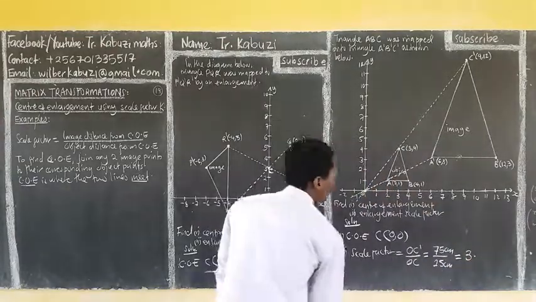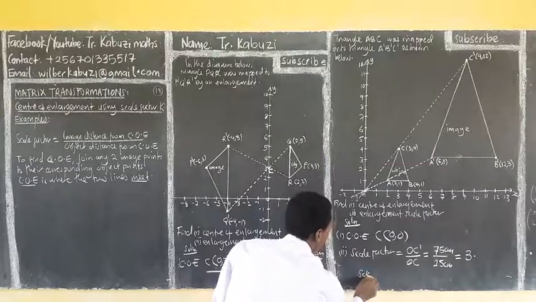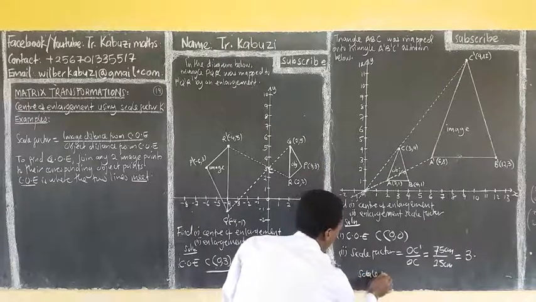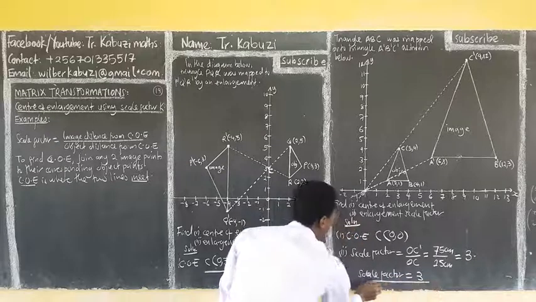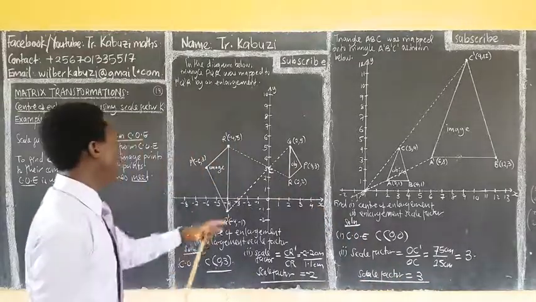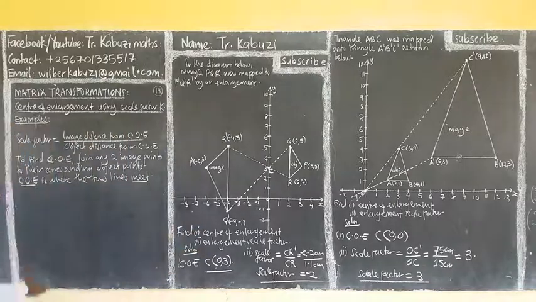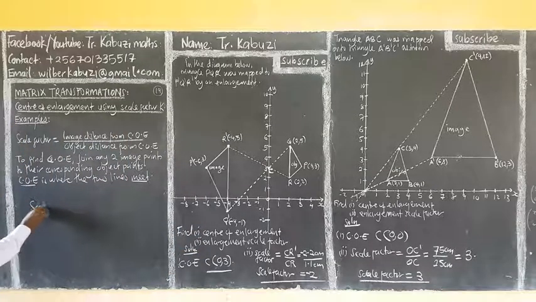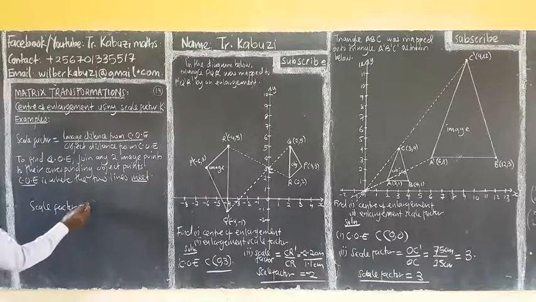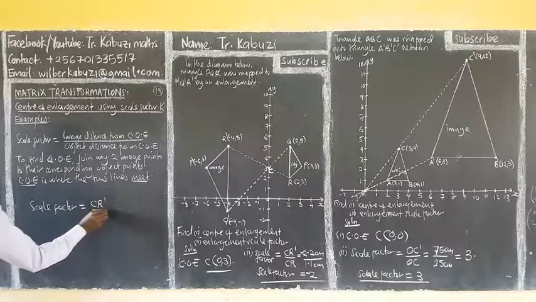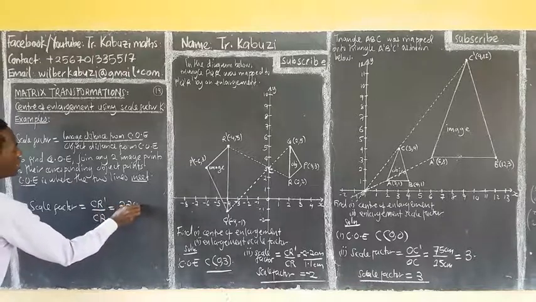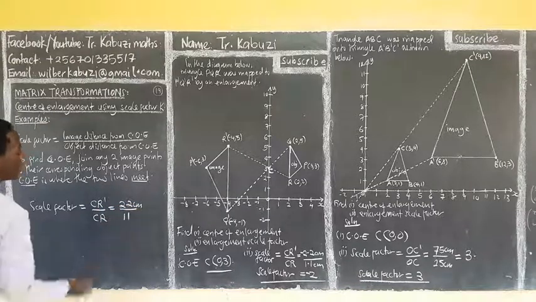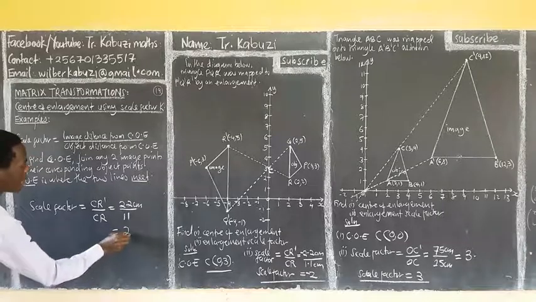So therefore, our scale factor is 3. Scale factor has no units. Or from here, using the actual measurements of mine for that scale factor of CR prime over CR, mine was 22 centimeters over 11, which was giving me 2.